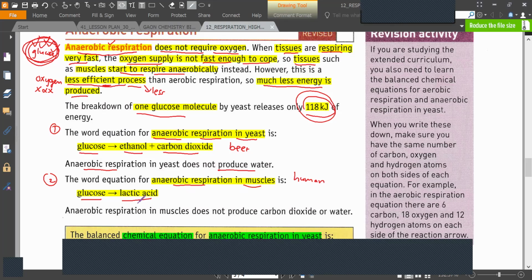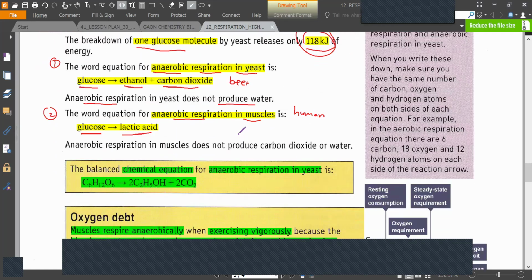So it does not produce carbon dioxide or water, just lactic acid. These are the two types of anaerobic respiration that we need to know about. For anaerobic respiration in yeast, we also need to know the chemical equation, so we need to know the chemical formulas of glucose, ethanol, and carbon dioxide.